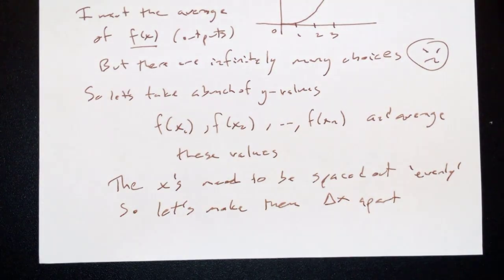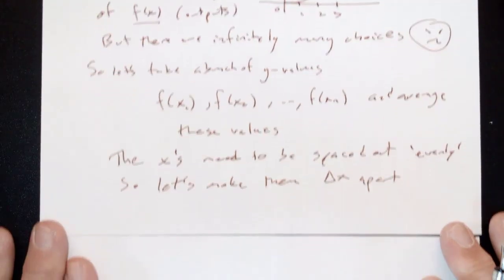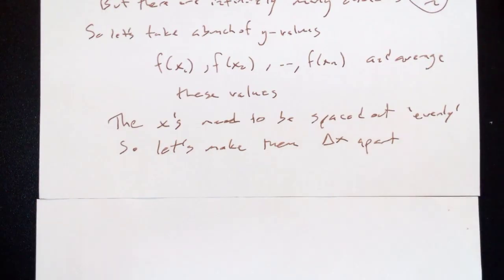But I'm looking at delta x, and I'm saying to myself, I'm working on a given interval. How do I find delta x when I'm working with an interval? The distance from the endpoint to start point divided by how many I want.